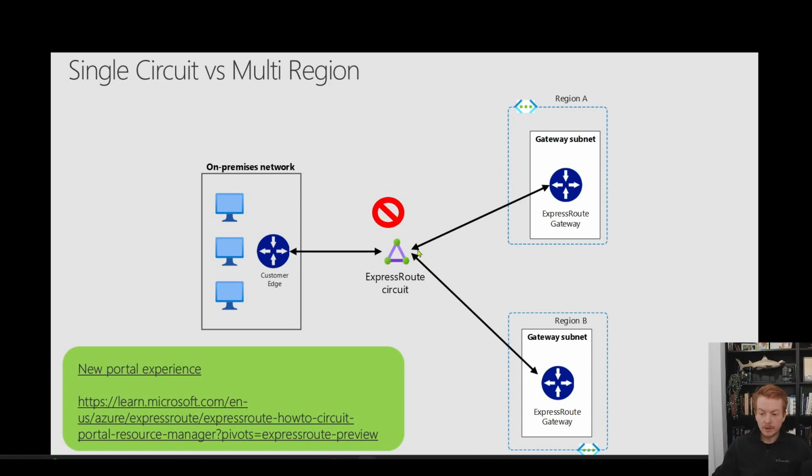And the design error that we see here is we're connecting our on-prem network into Azure using just a single ExpressRoute circuit. And this is one of the main messages in this video: whilst a single ExpressRoute circuit is highly available, as we've seen in previous videos, if you dive inside of a circuit, it is deployed inside of a single edge location, a point of presence, like an Equinix facility or a Telehouse facility.